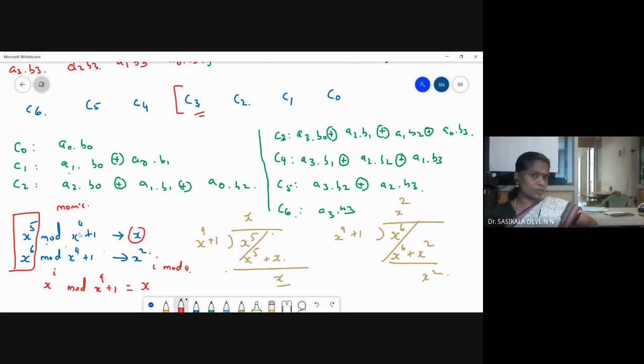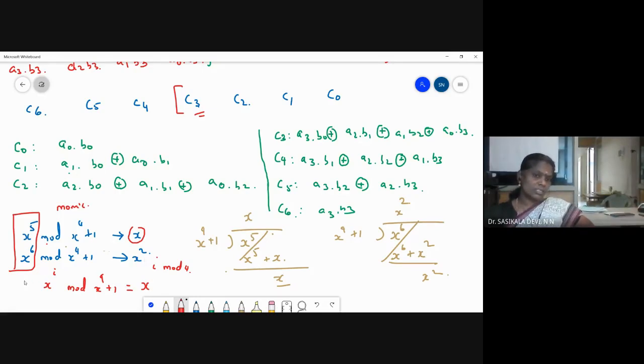x power 5 mod x power 4 plus 1 is x. x power 6 mod x power 4 plus 1 is x squared. We are getting a monic polynomial. So let's try this example here. x power i is x power 5, so i is 5. 5 mod 4 is 1, so we are getting x power 1. Let's take x power 6. i is 6, 6 mod 4 is 2, so we are getting x squared.